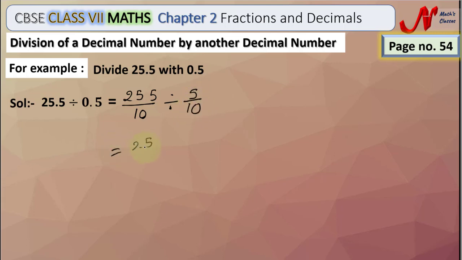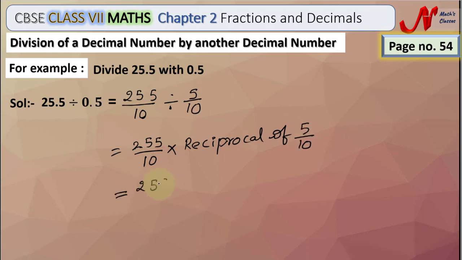So 255 by 10 into, we can write the reciprocal of 5 by 10, which can be written as 255 by 10 into the reciprocal of 5 by 10, which is 10 by 5.